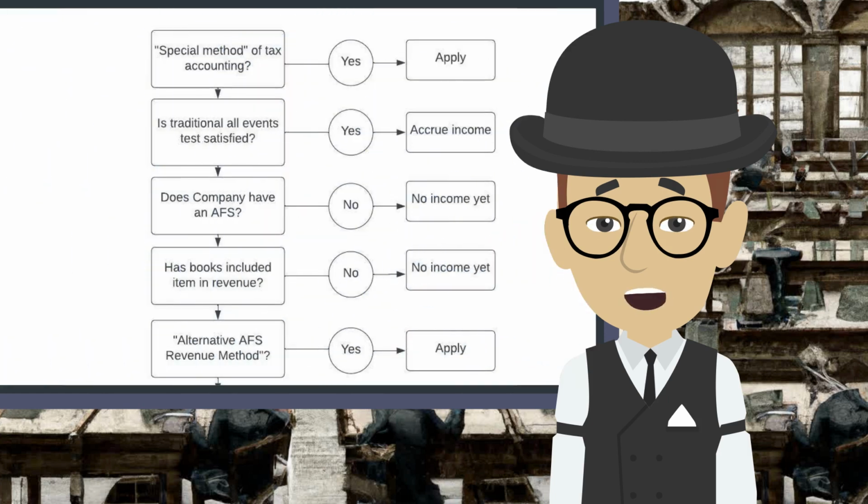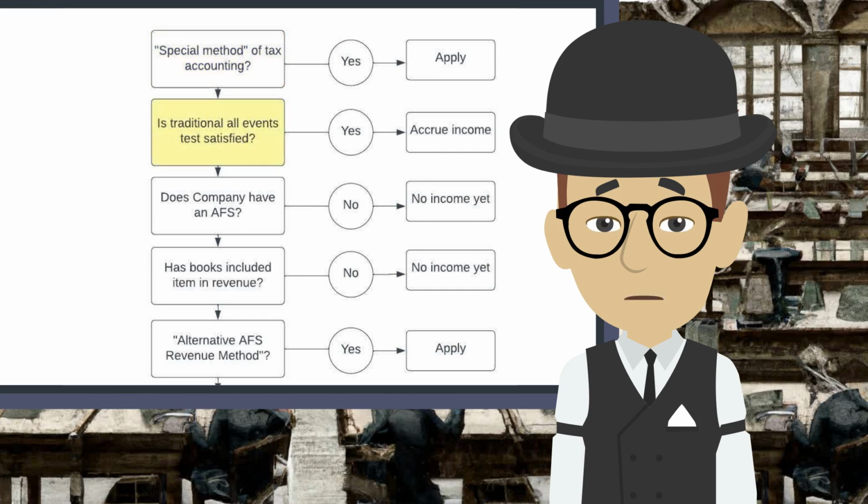In applying this new requirement, the key questions you have to ask yourself are: first, is this type of income subject to a special method of accounting? Things like the installment method or the long term contract method, or special methods of accounting for various financial instruments or for farmers. If so, you apply that special method of accounting for tax purposes, and you don't need to worry about the book conformity rule for that particular item.